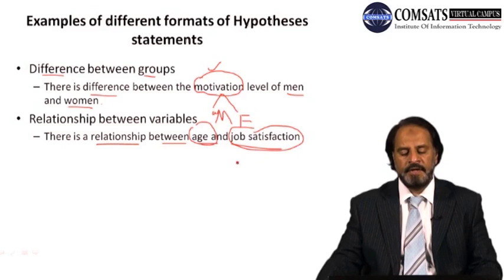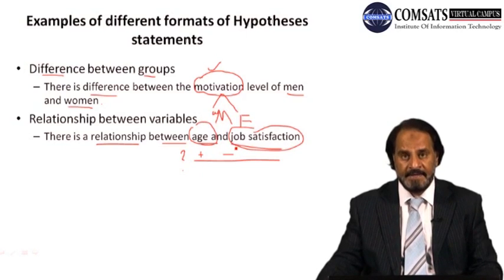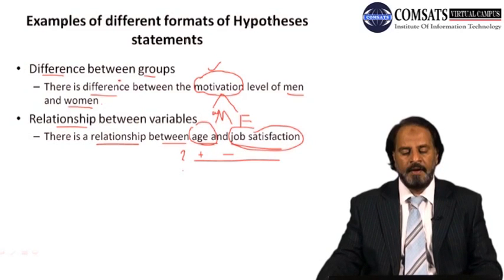Got the point? We're saying there is a relationship between these two variables, although the direction in this statement is not very obvious. We're not claiming whether it's a positive one or a negative one. We don't know. We're not claiming this at this stage. Nevertheless, this is an example of a relationship type of hypothesis statement.